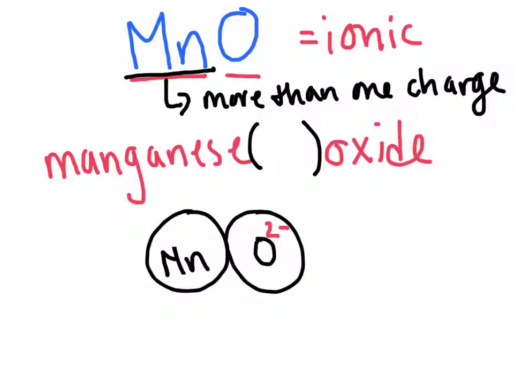So I ask myself, what charge does manganese need to have in order to balance out the charge here? It becomes pretty obvious that the charge of manganese is 2 plus, and that is what I put in the parentheses. Manganese (2+), so that is my final answer for the name of that compound.